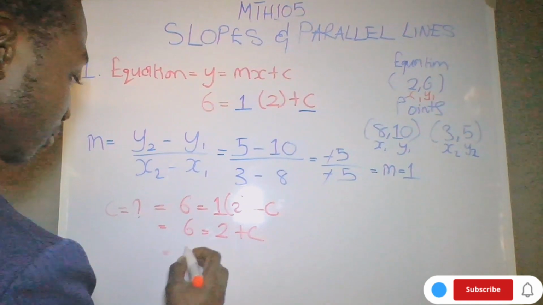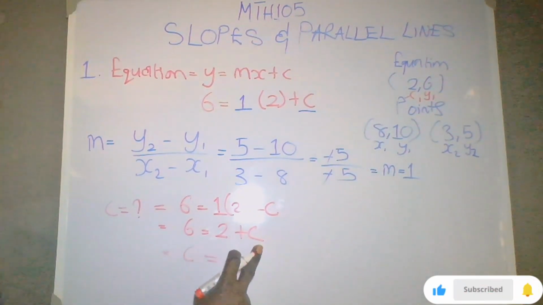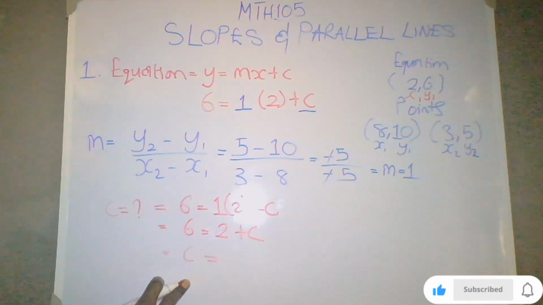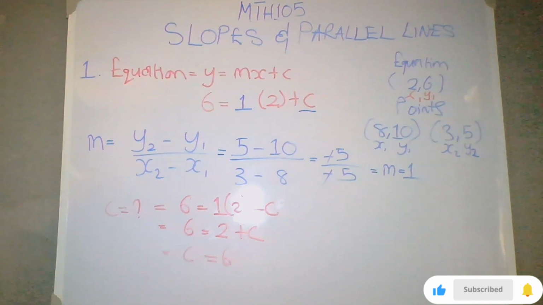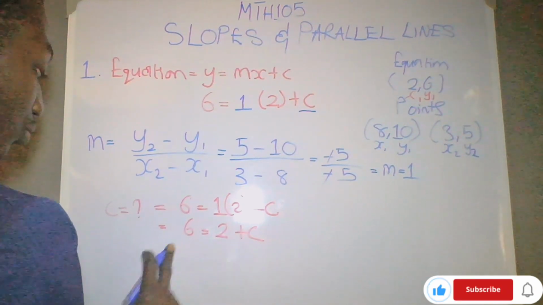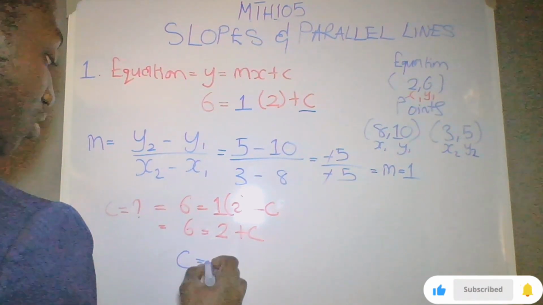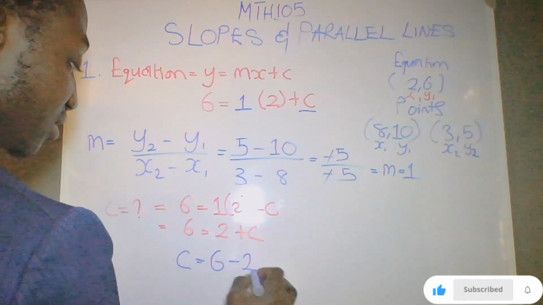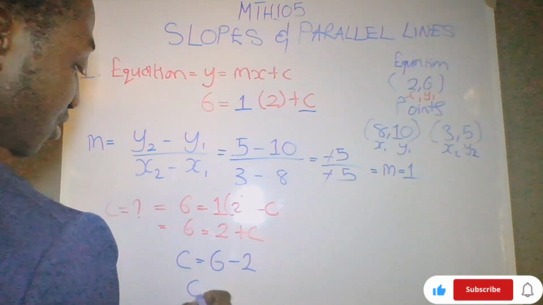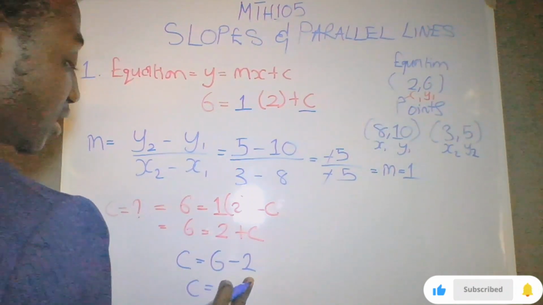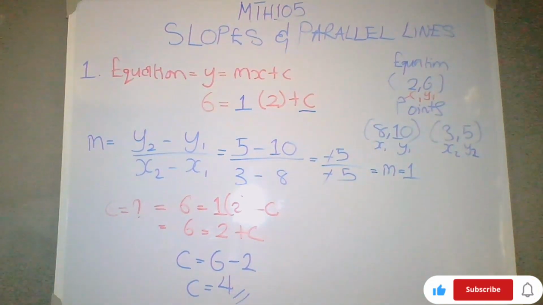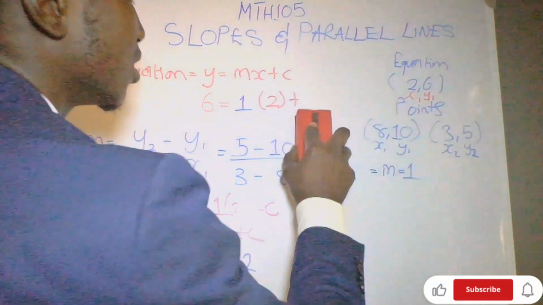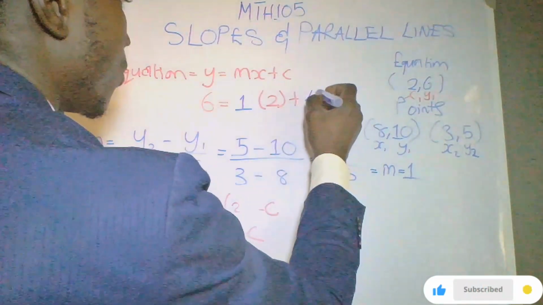So c, the unknown, we make it the subject and bring the 6 down. So we have c equals a positive 6 and a negative 2, so we have 4. So now we have our c as 4.